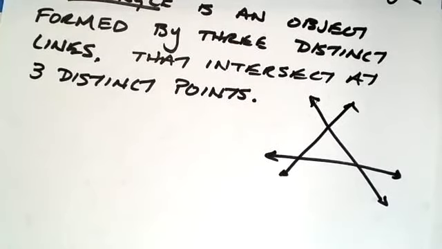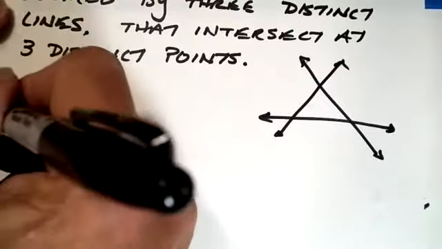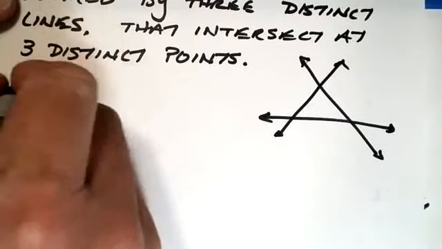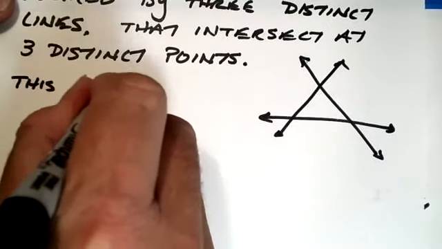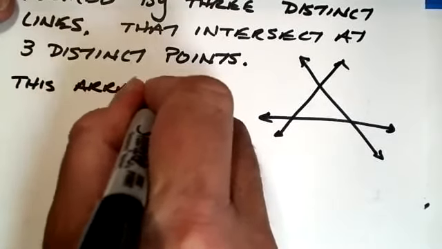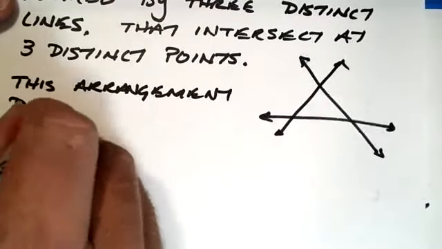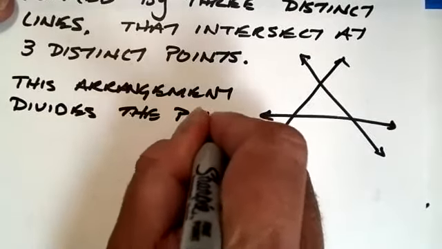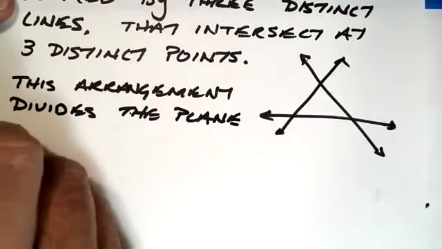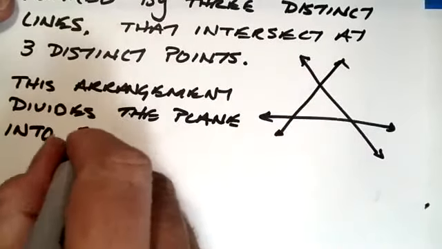And that's going to be kind of critical because we're creating all these angles out of rays and things like that. So anyways, this arrangement divides the plane into, well, there's 7 different regions.